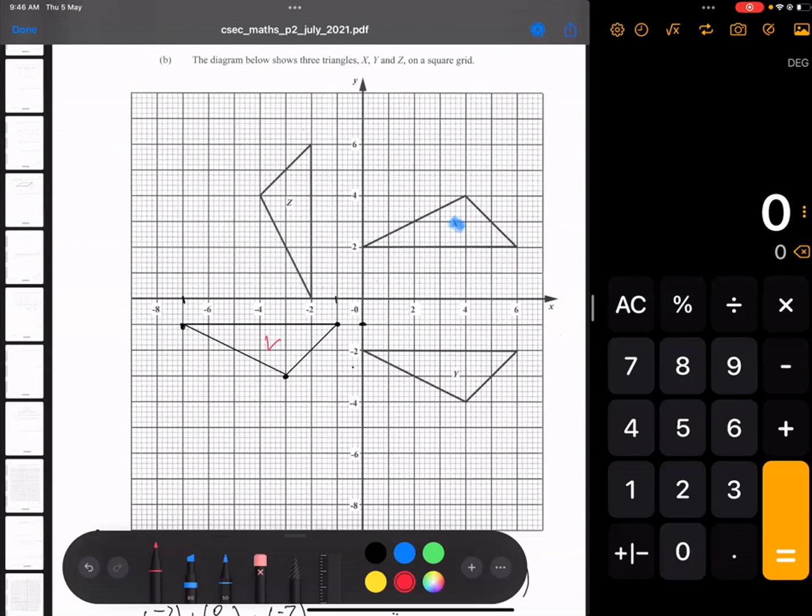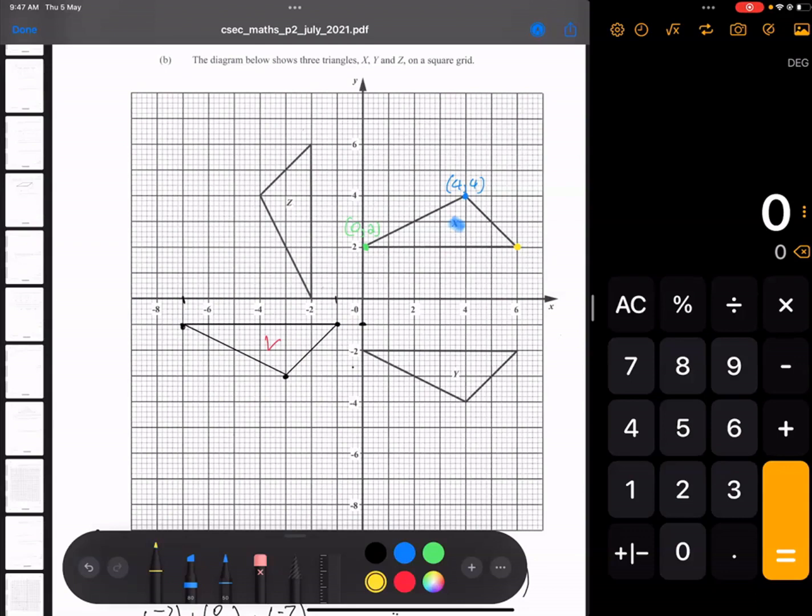So the coordinates for X, I'm going to color code. You could use letters if you want. For our green point, we would have 0, 2. For our blue point, we would have 4, 4.